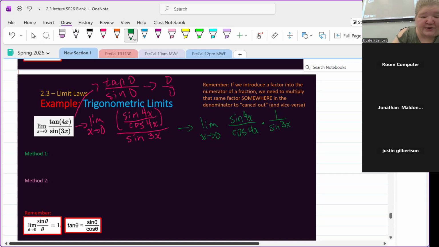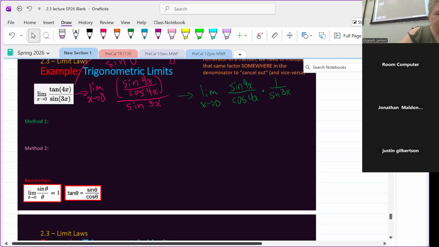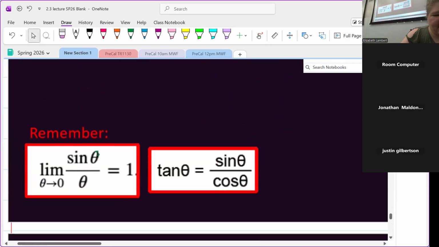So we're going to pattern match. As long as it's sine of ugly over ugly, as long as the uglies are the same, the limit as that ugly goes to 0 is 1. So we are going to try to pattern match and get those uglies to be the same.